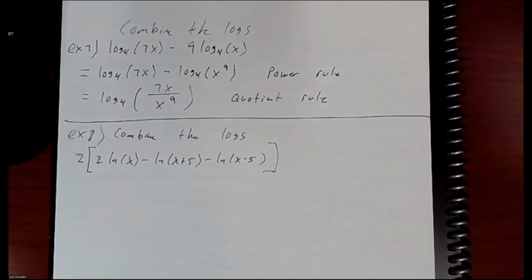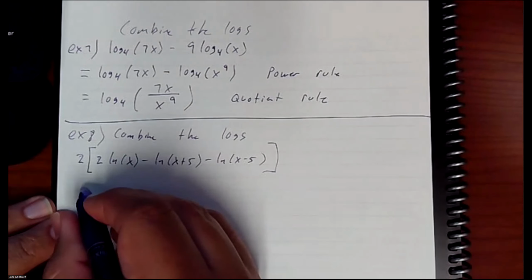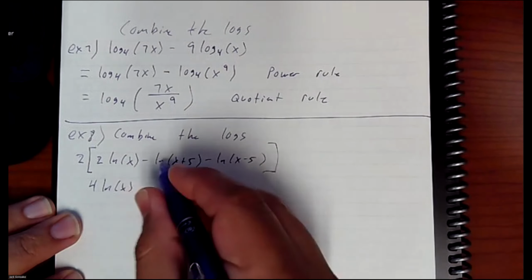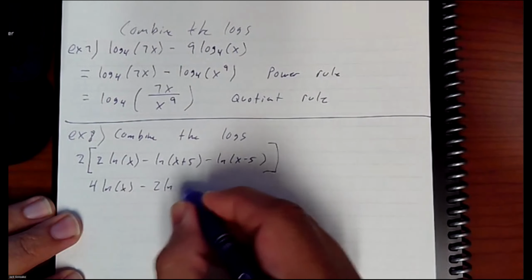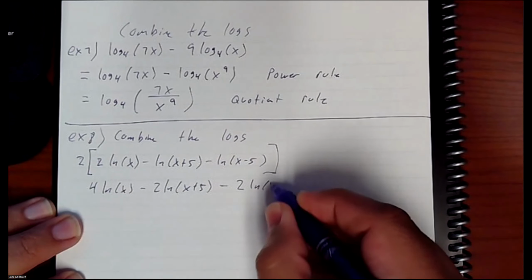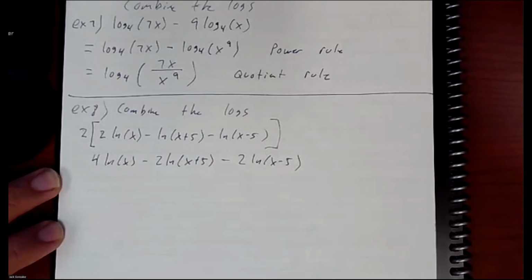So before you start, make sure you multiply everything out. So get rid of that 2 in front. So that'll be 4 times 2 times 2. So distribute the 2. Gets us to here.